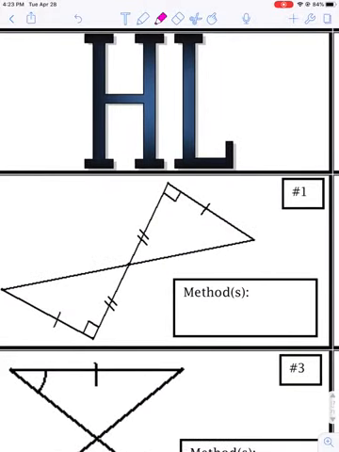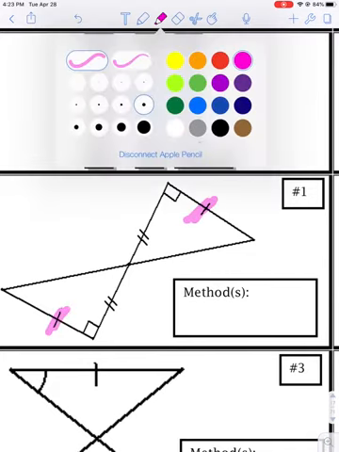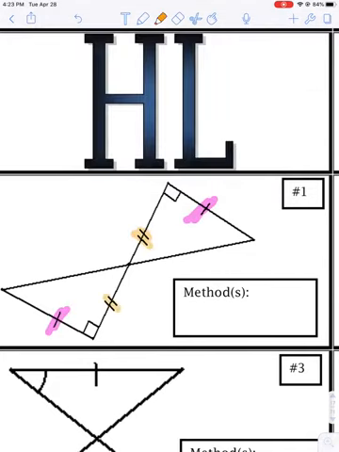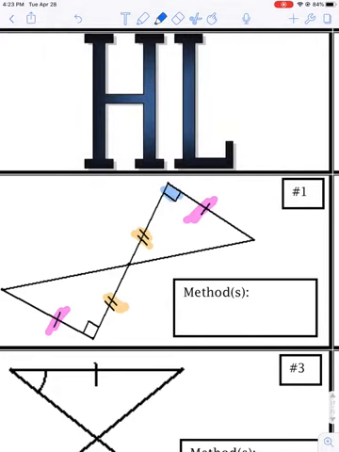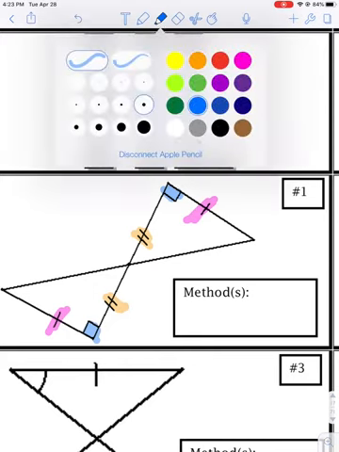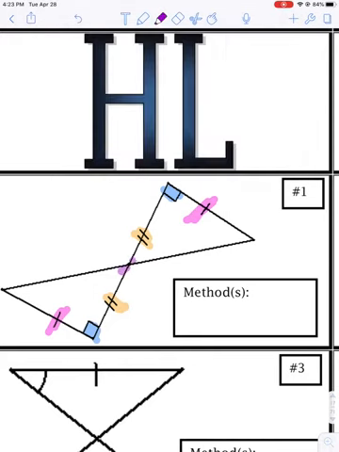So let's start. I'm just going to show you a couple of examples. Number 1, so let's identify what's congruent and what's not. These sides are congruent, and these sides are congruent. The right angles are congruent, and then these are vertical angles, so those would also be congruent.